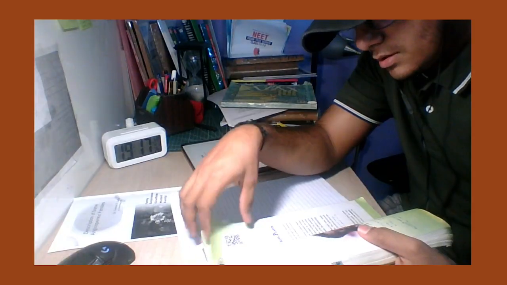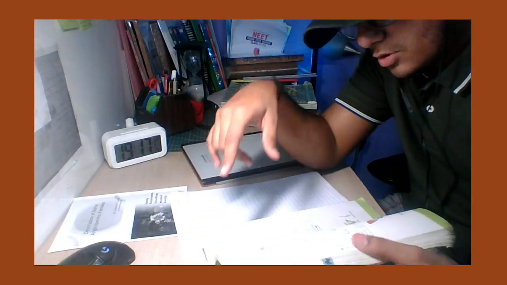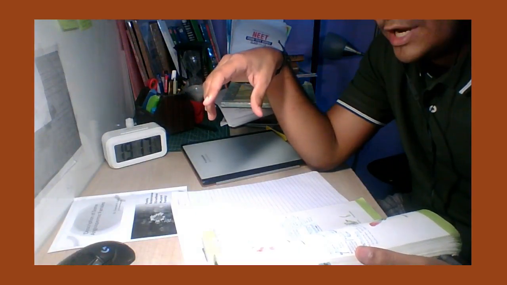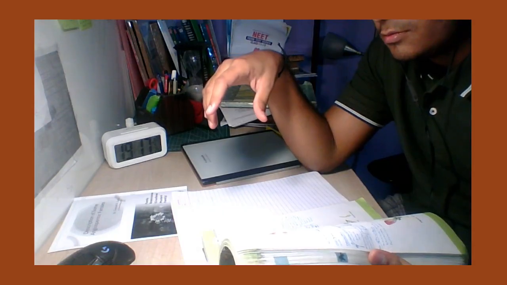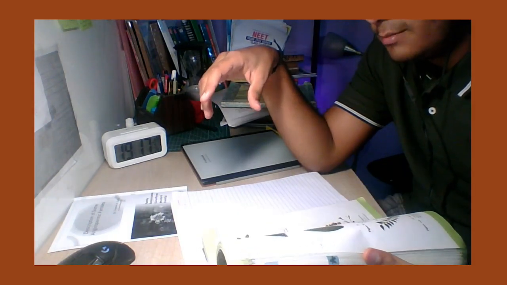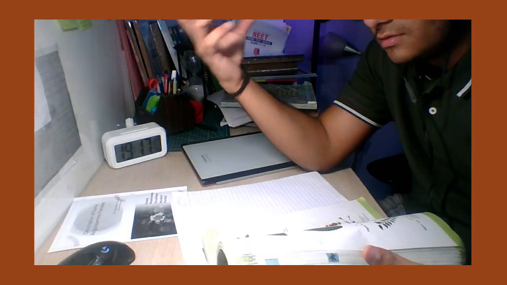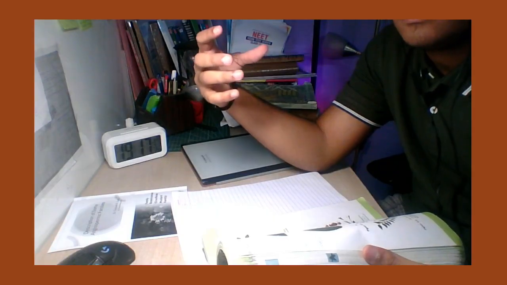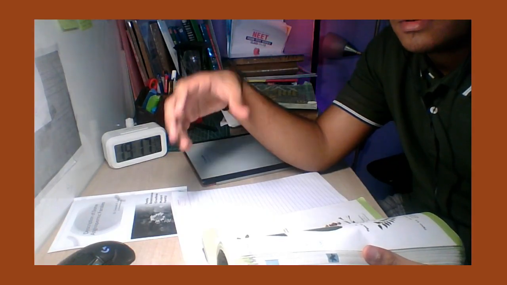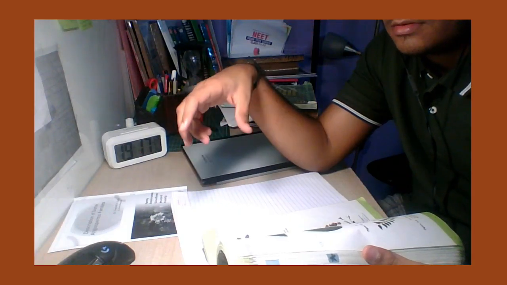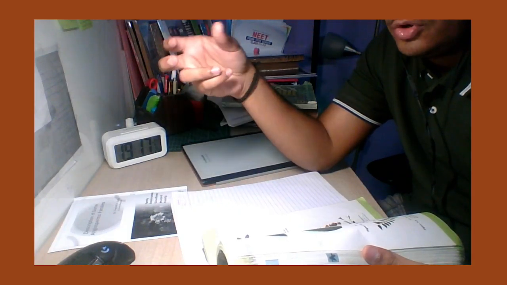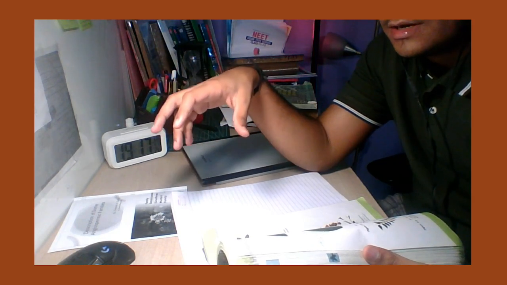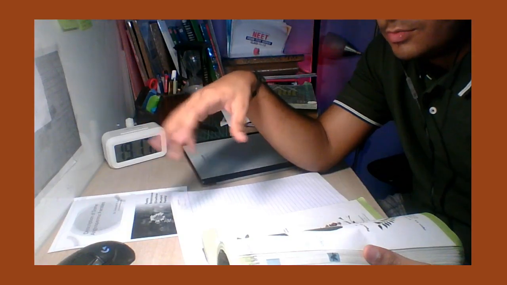Aloo pakodi. Aloo ke pakodi means pakoras of potato. So they take besan. There's this thing called besan, and they make it soft, like they put some water in it and a lot of masalas in it.